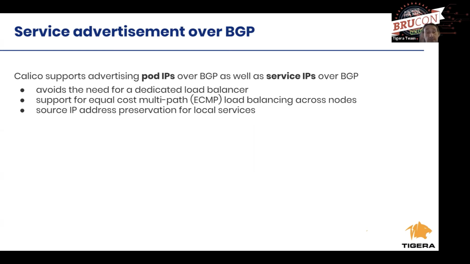So through BGP, you can announce the service side, or a range of the service side, or a specific IP address to the network outside of Kubernetes, so that connections that are coming in, for example through a firewall, can be routed to the correct nodes.